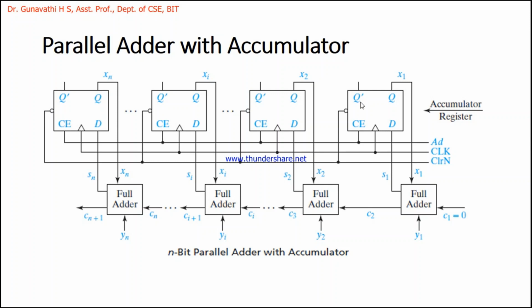A register is nothing but a group of flip-flops. Here we are talking about n bit. We don't know what this n is. If it is 4-bit, then we have 4 flip-flops. If it is 8, 8 flip-flops. 16, 16 flip-flops. That's the reason it's been given in general as n bit. Okay, it's a parallel adder with accumulator.